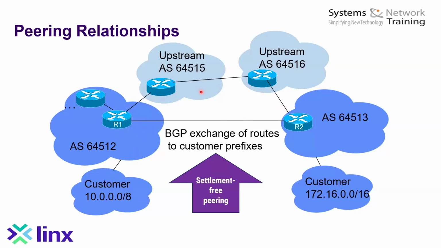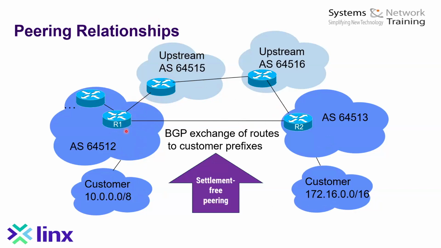And the reason for that is that when you have a transit service, so this 64512 has a transit service here still, because this customer will want to get out to the rest of the internet. They won't just want to talk to these customers of this provider over here. So there will be traffic going up here.